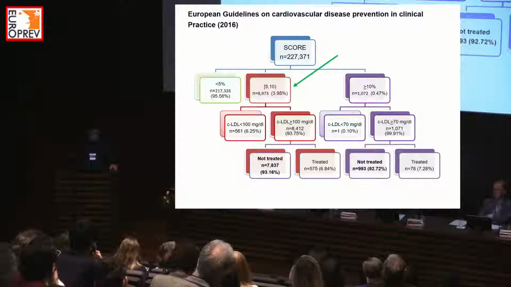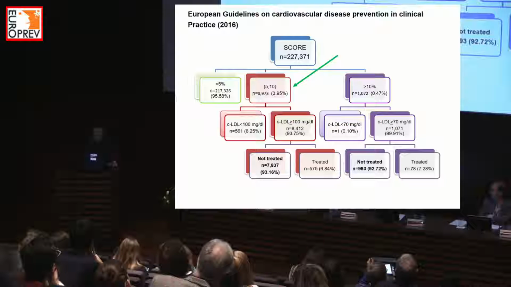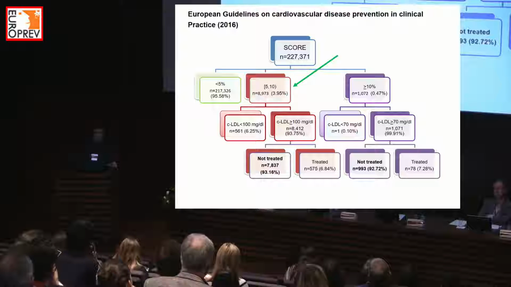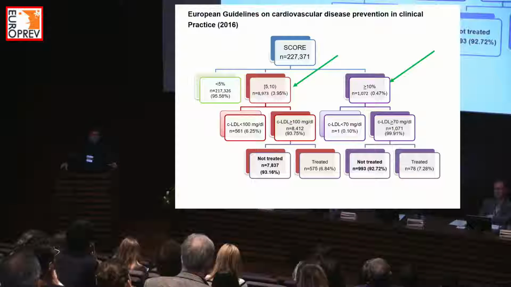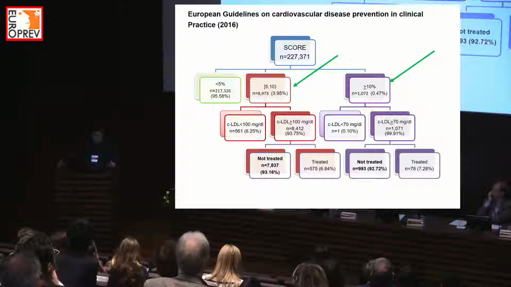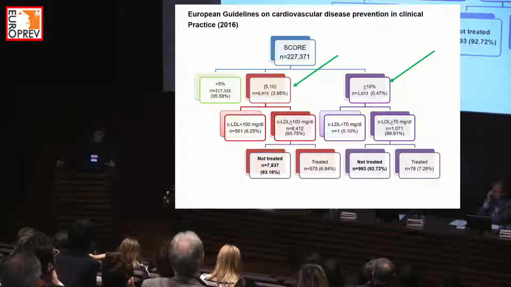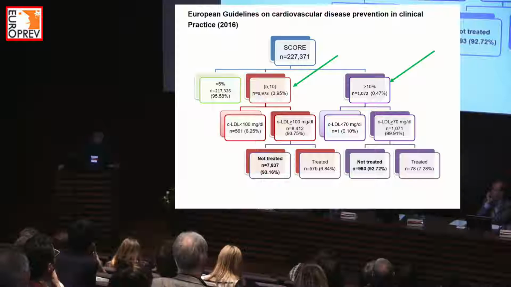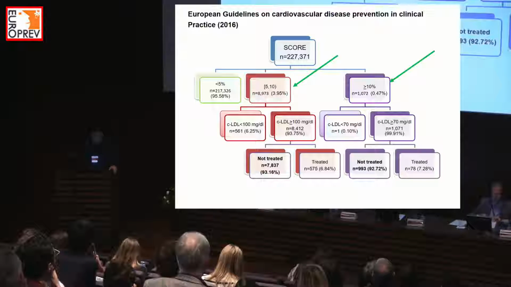From those, a score between 5 and 10, which is a high-risk score, is found in 3.95%, and a score higher than 10%, which is a very high risk, in only 0.47%. So these are the percentages of high-risk patients according to the SCORE, according to European guidelines.